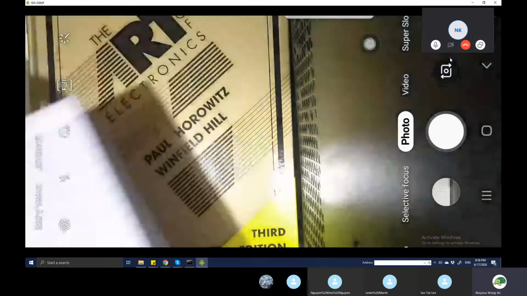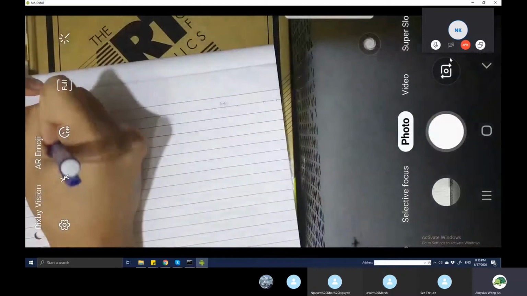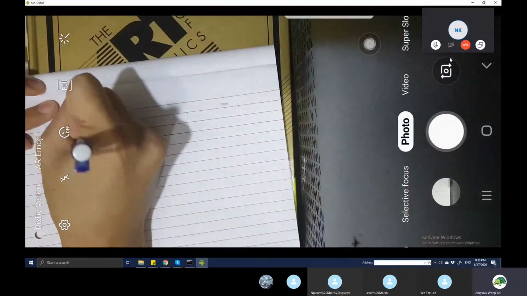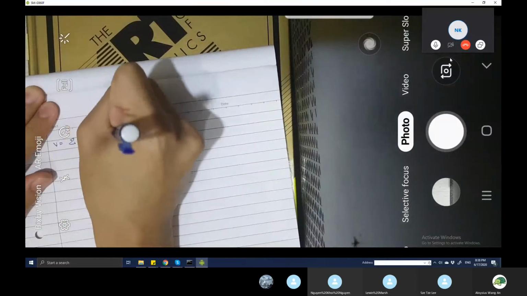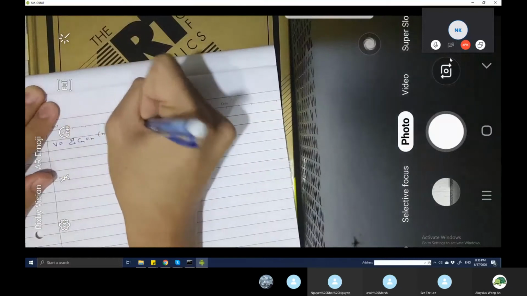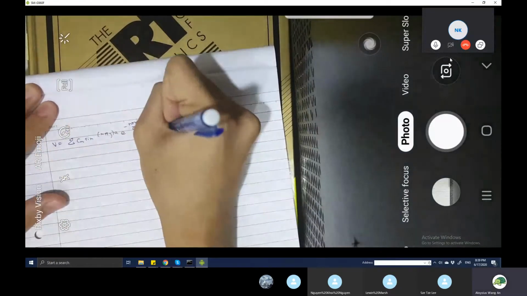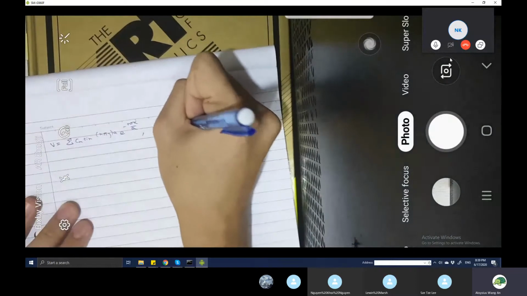So the general solution of what the potential is going to look like inside is going to be this. V is going to be equal to... with Cn defined as this.